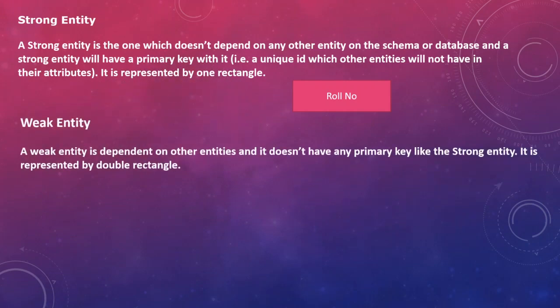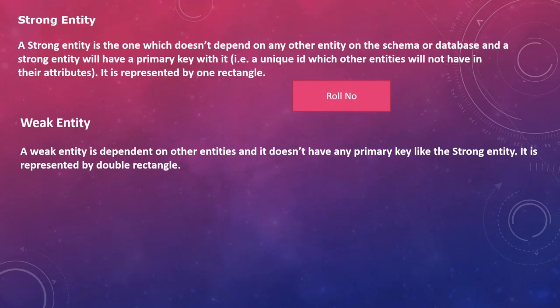Second one is weak entity. A weak entity is dependent on other entities and it does not have a primary key like the strong entity. So any entity in the database which needs a dependency on another entity in the database is known as a weak entity.